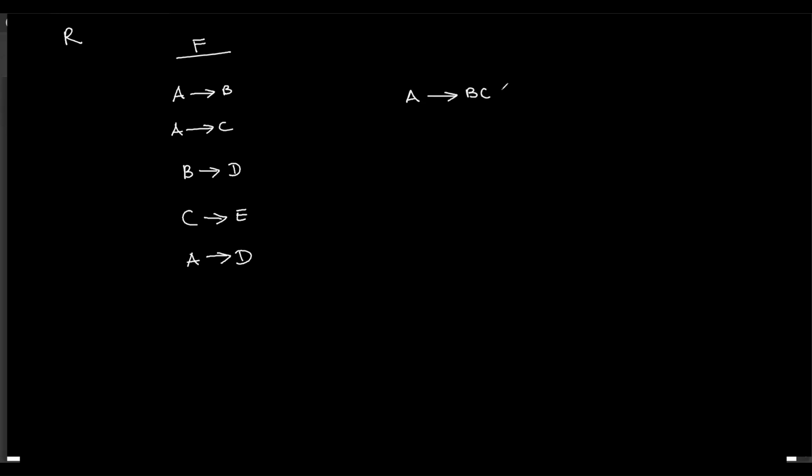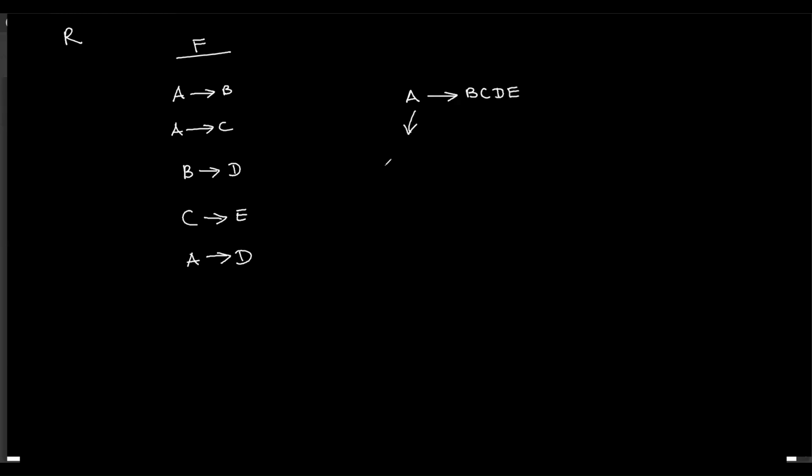Let's say there is a question like A functionally determines B and A functionally determines C. Say this is the set F from relation R. And B functionally determines C, C functionally determines E, and A functionally determines D. Let's say the question was to show that A functionally determines B, C, D, E. What are they asking us to prove?